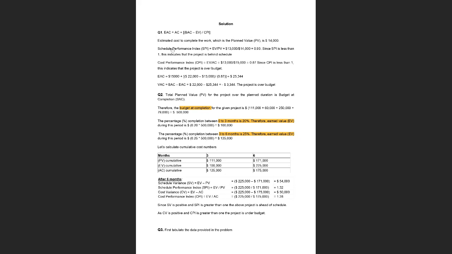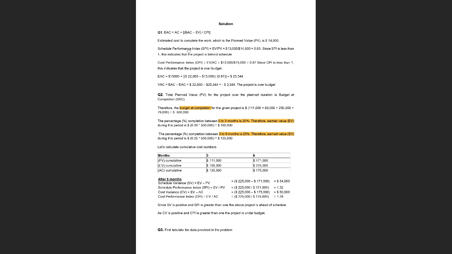When we are talking about schedule, if the schedule performance index is less than 1, your project is behind schedule. So you need to fast track your project. On the other hand, for cost, the cost performance index here is also less than 1. That means your project is running over budget.